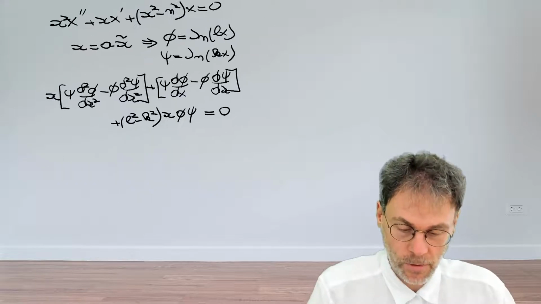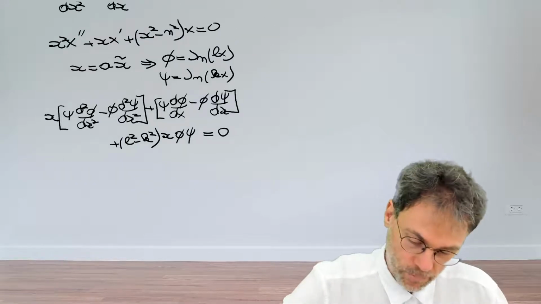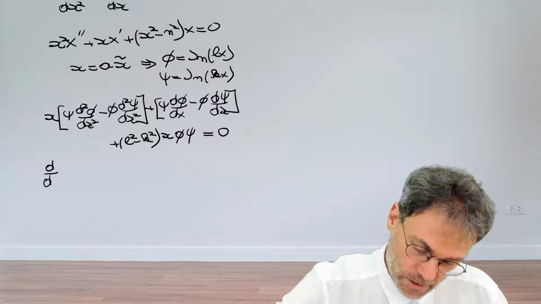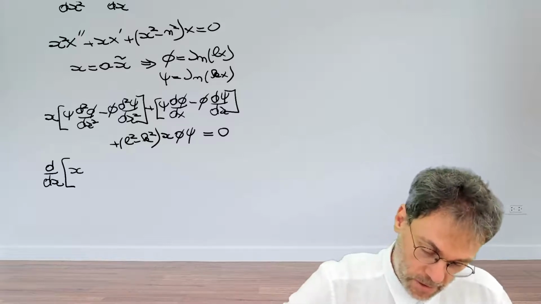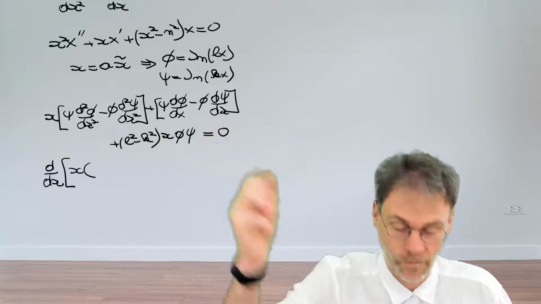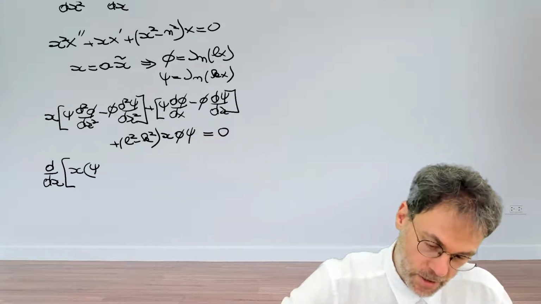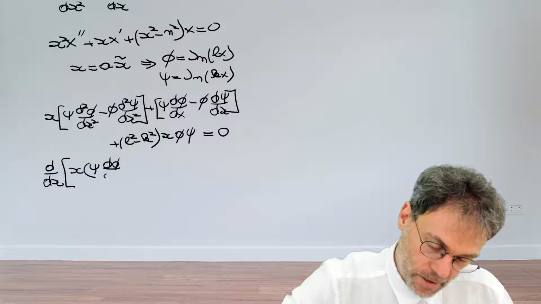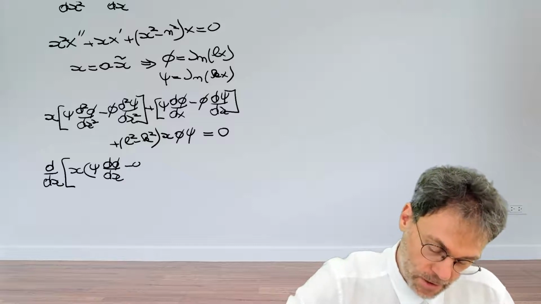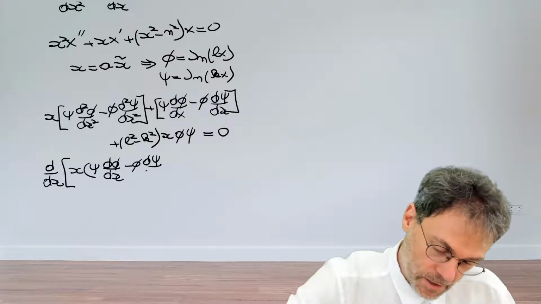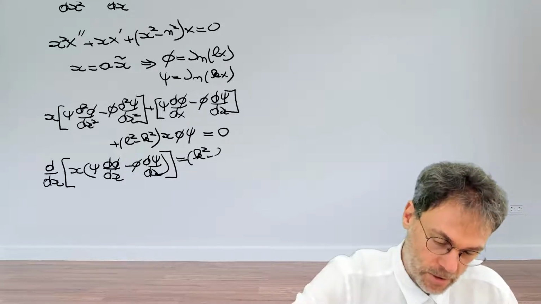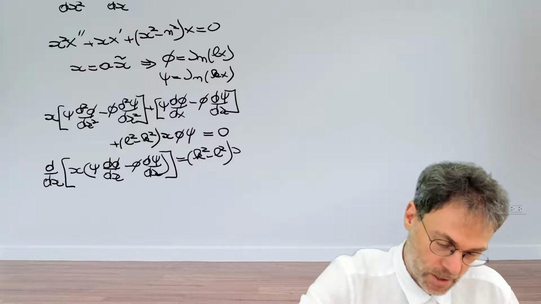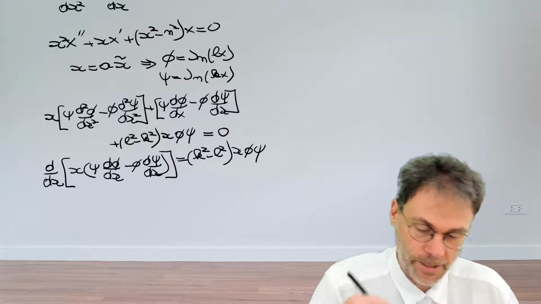It turns out you can actually write these first two terms as d/dx of the product of x, and then that factor over here, psi dphi/dx minus phi dpsi/dx. And then let's bring this thing over to the other side: (k squared minus L squared) x phi psi.